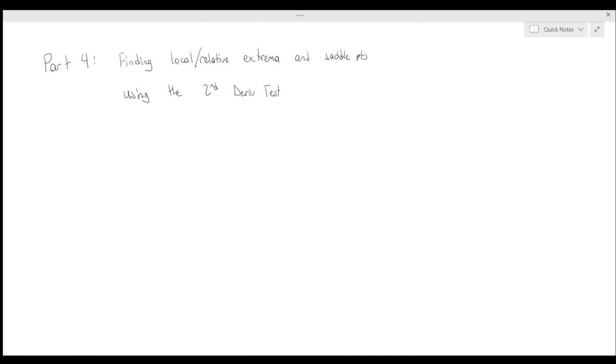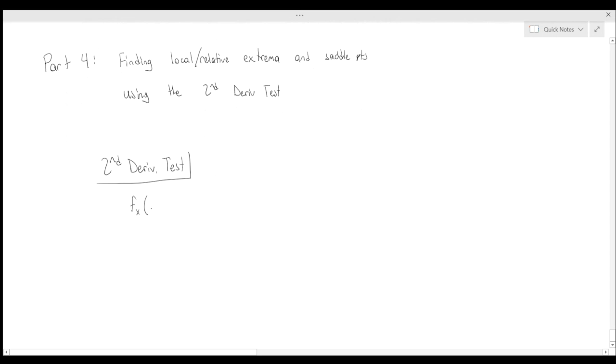So let's quickly recall the second derivative test first. Okay, so the procedure for this type of problem is you first compute the first order partial derivatives, and you look for the critical points.